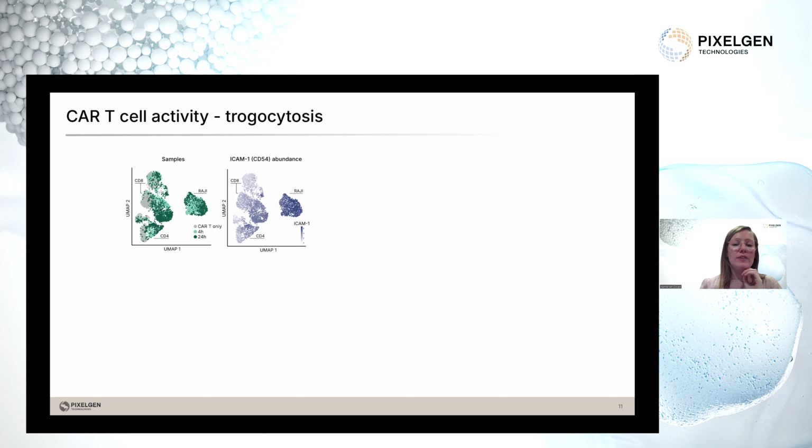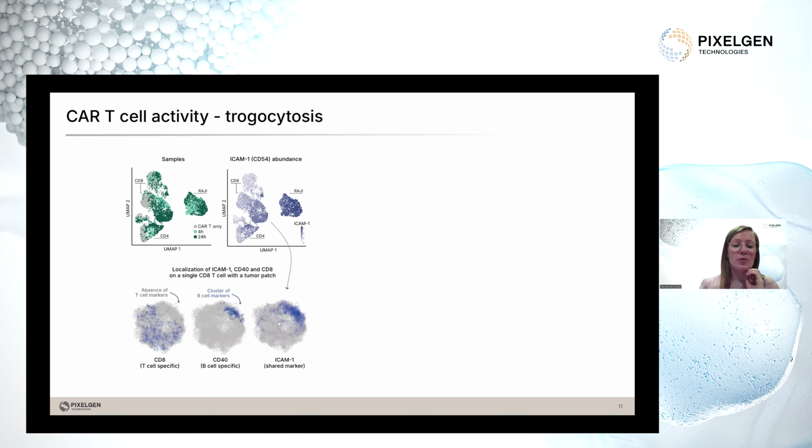So we decided to visualize ICAM1 on these cells. So here I'm showing you a single T cell where we're plotting 3 different markers. And when we looked at ICAM1, we could see that it was showing this very patchy phenotype. So part of the protein was kind of evenly distributed on the cell surface. And then the cell had this very intense puncta, very high ICAM1 expression.